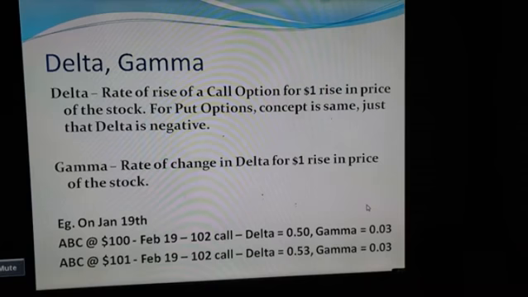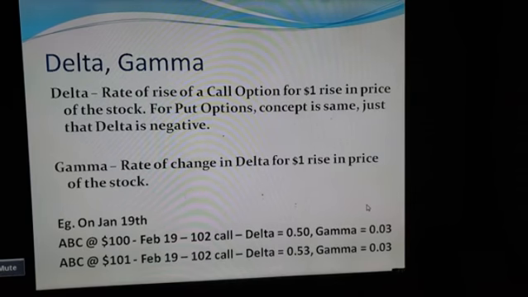Gamma is the rate of change of delta. Delta also keeps changing for every $1 rise in the stock. The nearer you are to the strike price, the higher the delta and the gamma. If you choose a strike price away from the current price, the delta and gamma will be low.